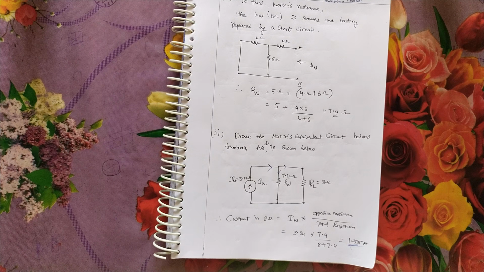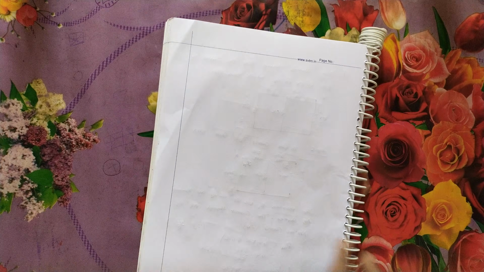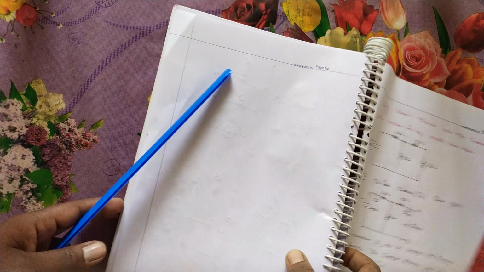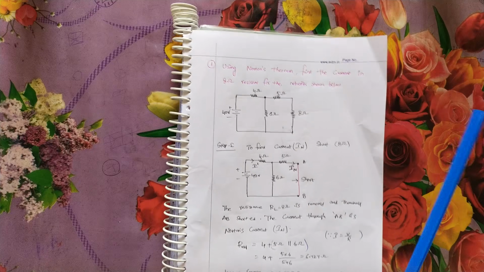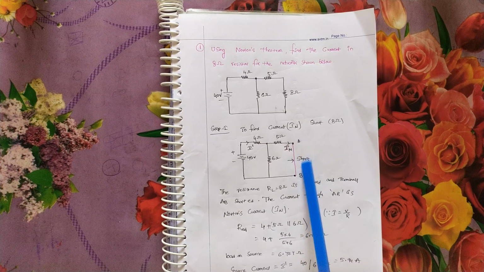In this manner, we can calculate the current through various branches and resistances by using Norton's theorem. What are the steps to be followed? Starting, we discussed what Norton's theorem is. Any circuit can be converted into a simple circuit: Norton's current source in parallel with Norton's resistance and the load resistance.